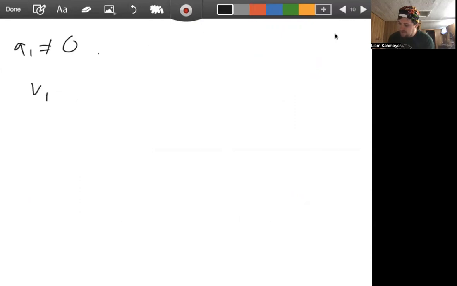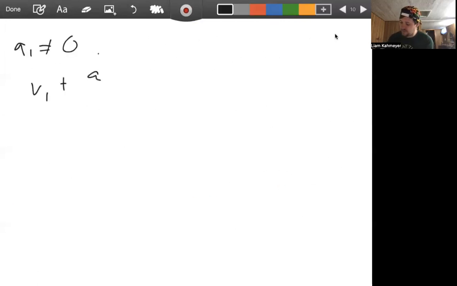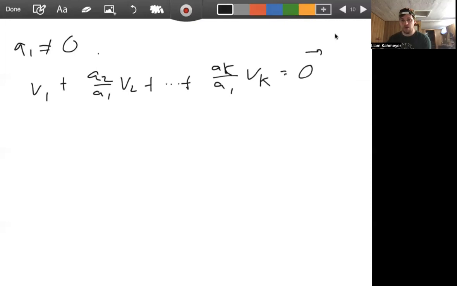Let's divide everything by a1 because we know it's not 0. So we have v1 plus a2 over a1 v2 plus et cetera, plus ak over a1 vk equals 0.